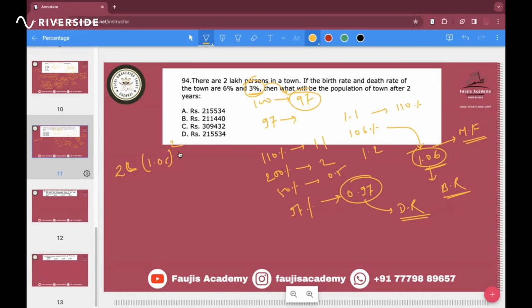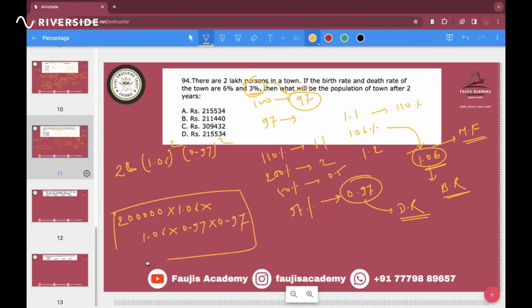So for the death rate, how much is that? 0.97 for 2 years. So 2 lakh into 1.06 into 1.06 into 0.97 into 0.97. Calculate and tell me what is the answer, or the nearest answer. Use your calculators and tell me what is the answer.